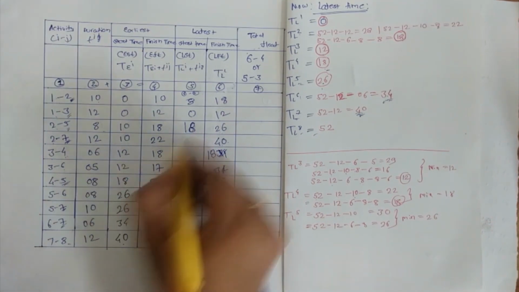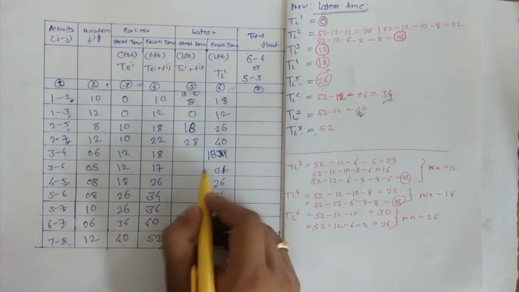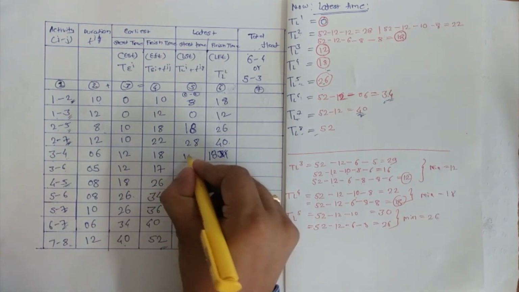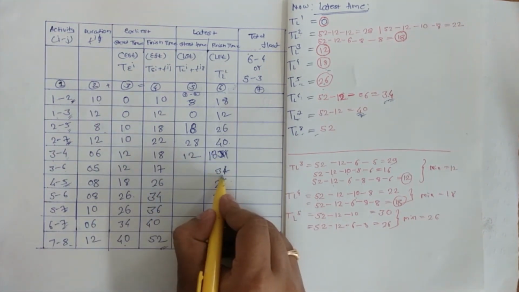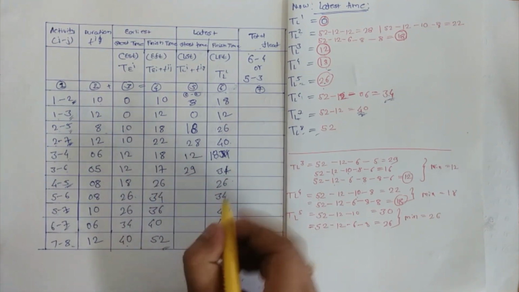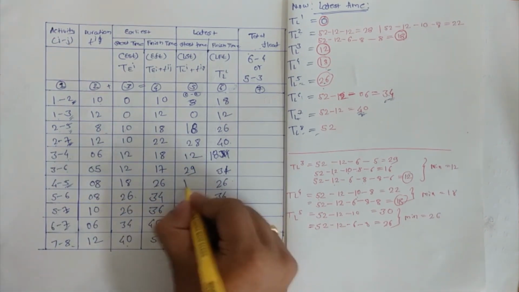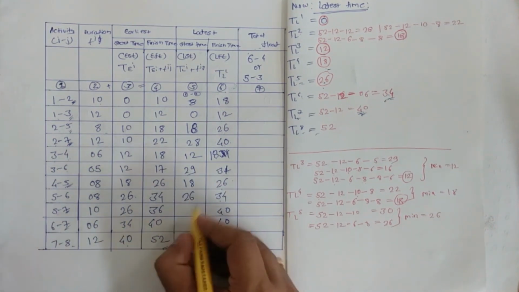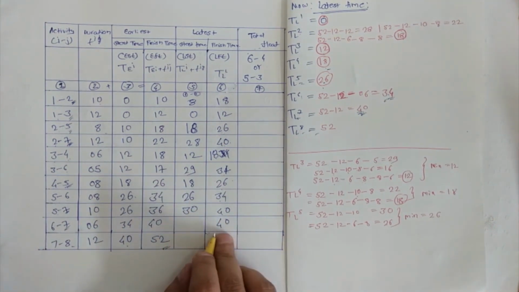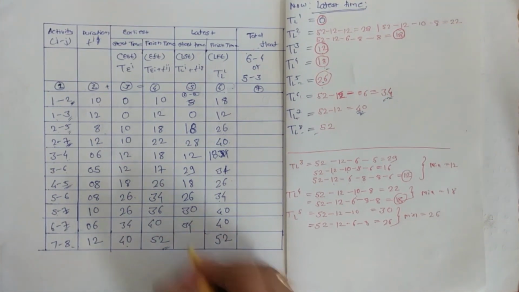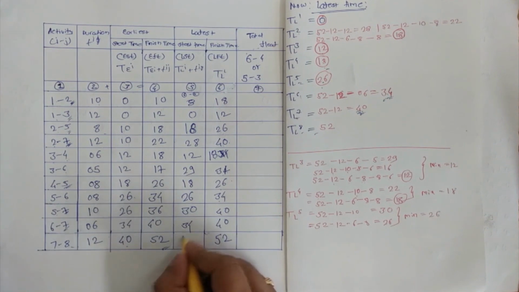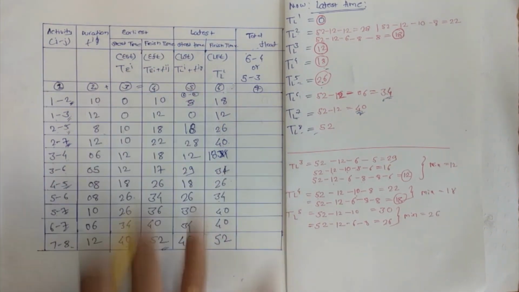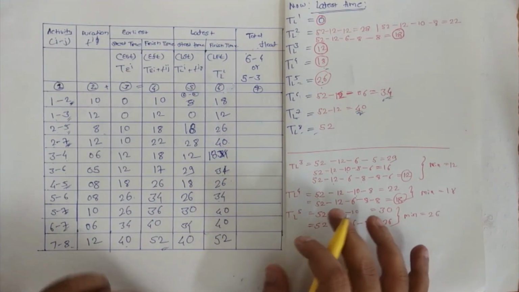Then 40 minus 12, 28. Then 18 minus 16, 12. 34 minus 5, it is 29. 26 minus 8, it is 18. 34 minus 8, 26. 40 minus 10, 30. 40 minus 6, that is 34. And 52 minus 12, that is 40. So by this way we have done with the latest time calculation.